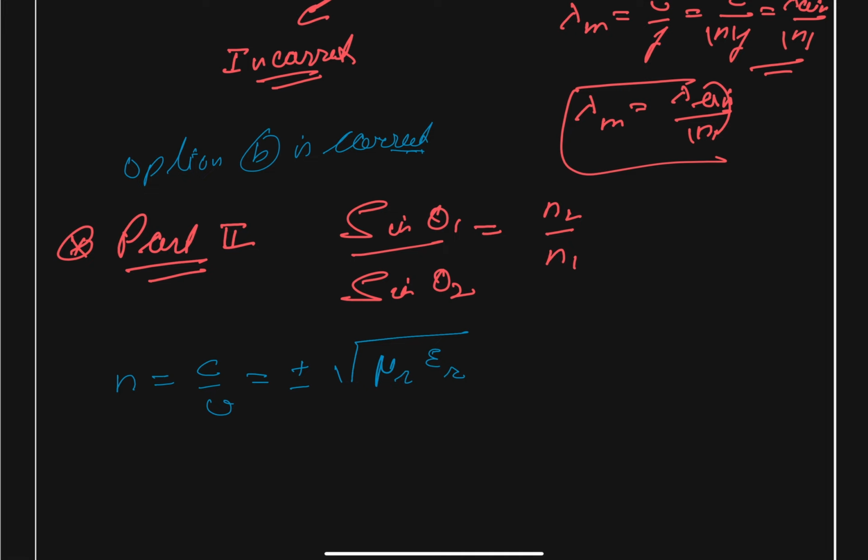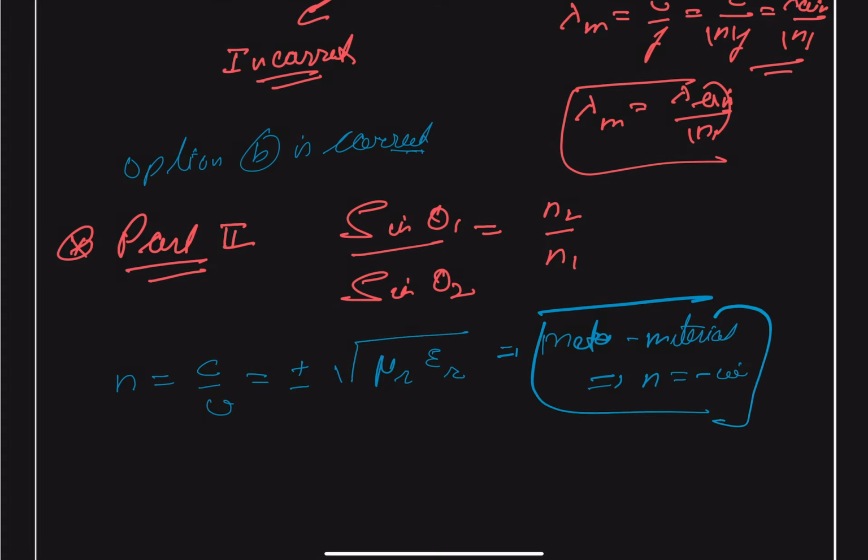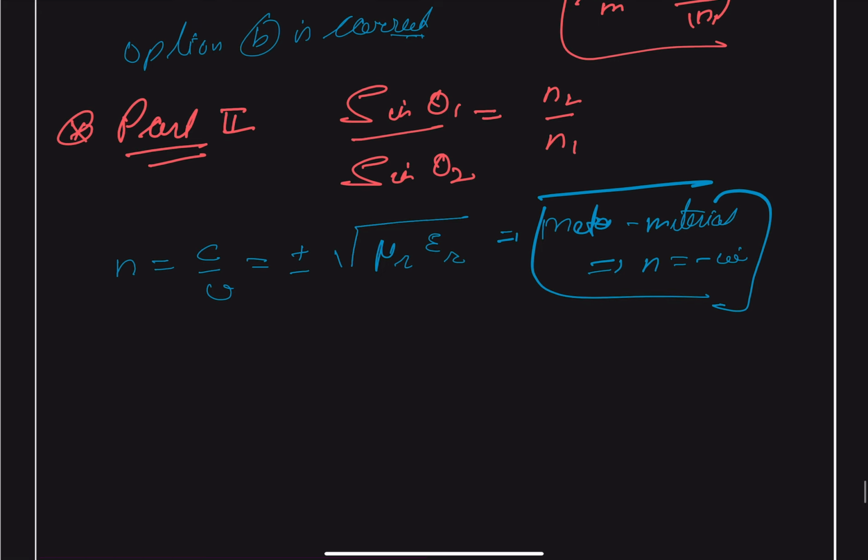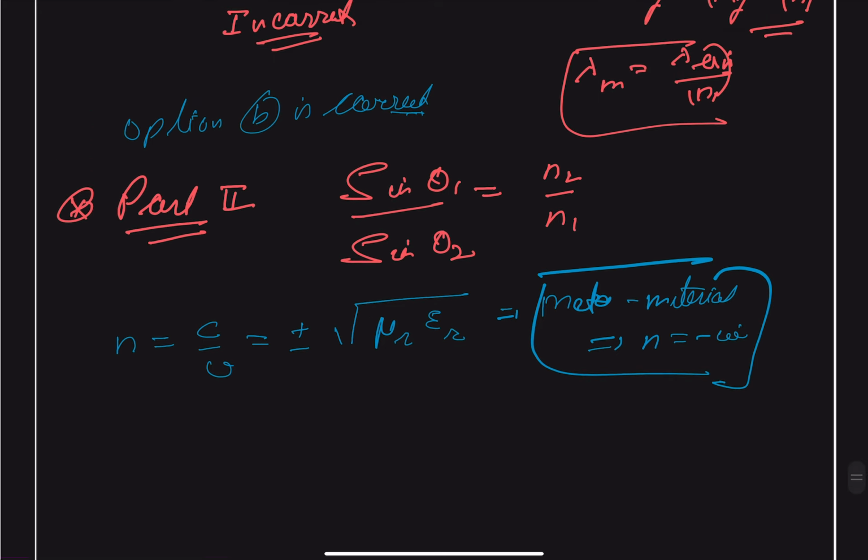And for metamaterials, it is mentioned that the value of n is negative. So we are going to use Snell's law, and here we have already written sine of theta 1 upon sine of theta 2 is equal to n2 upon n1.